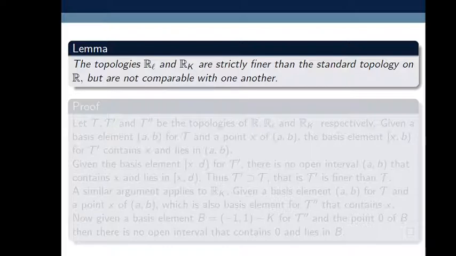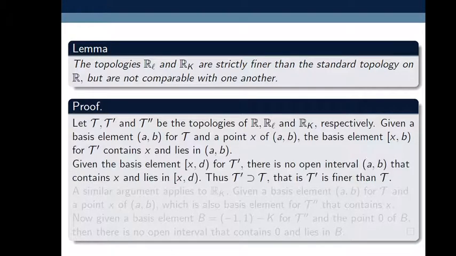So first we prove that R_L and R_K are strictly finer than the standard topology. Let tau, tau dash and tau double dash be the topologies of R, R_L and R_K respectively, where R is the standard topology, R_L is the lower limit topology and R_K is the K topology.